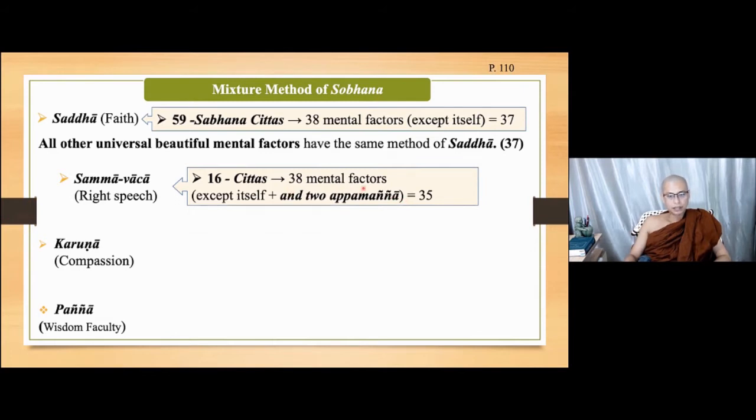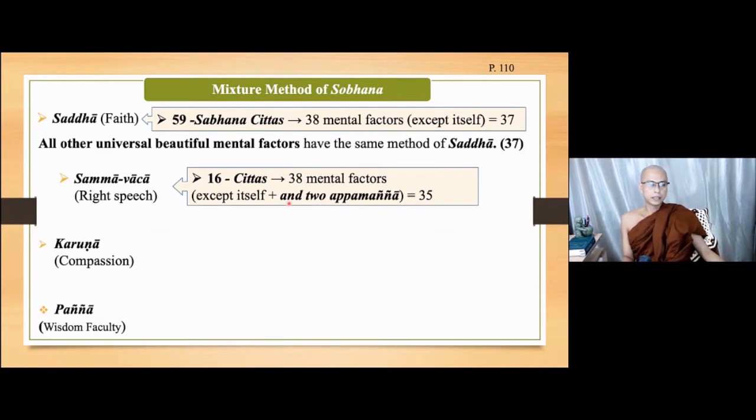So 38 mental factors. If we take out from the 38 Samma Vacha, and also the other two, and two Appamanna.